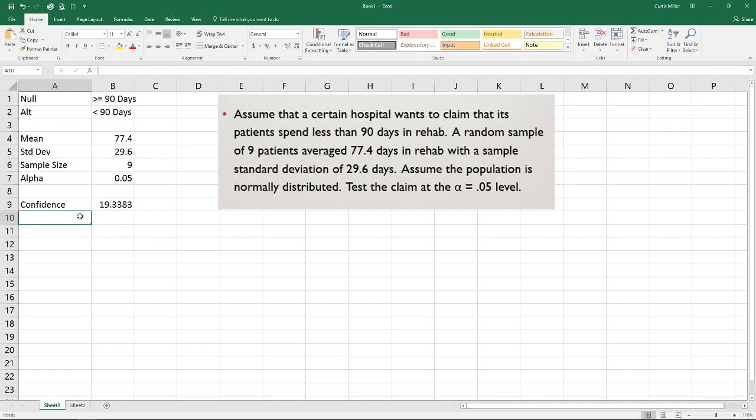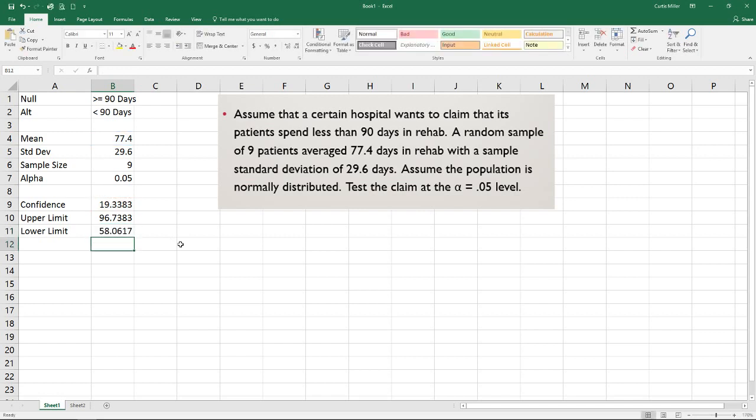19.3383. From there, we will calculate our upper limit and our lower limit. Now for our upper limit, we're going to say that this is our mean plus our confidence, whereas our lower limit is going to be equal to our mean minus our confidence.